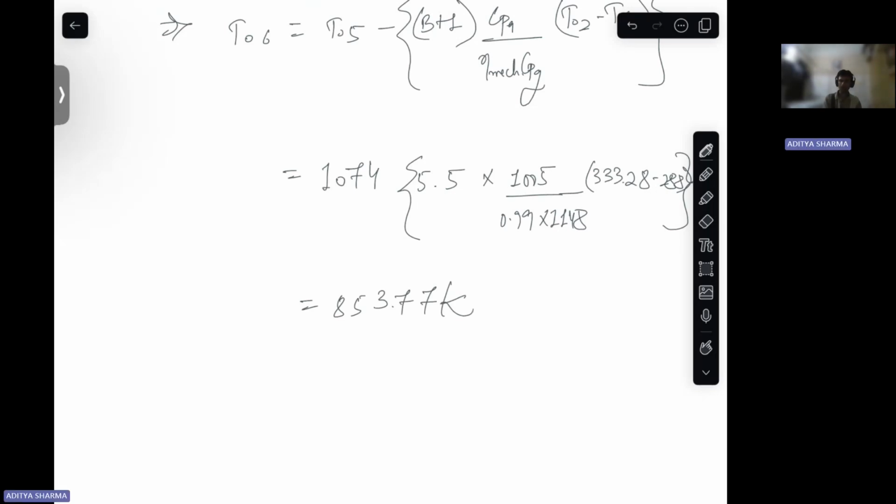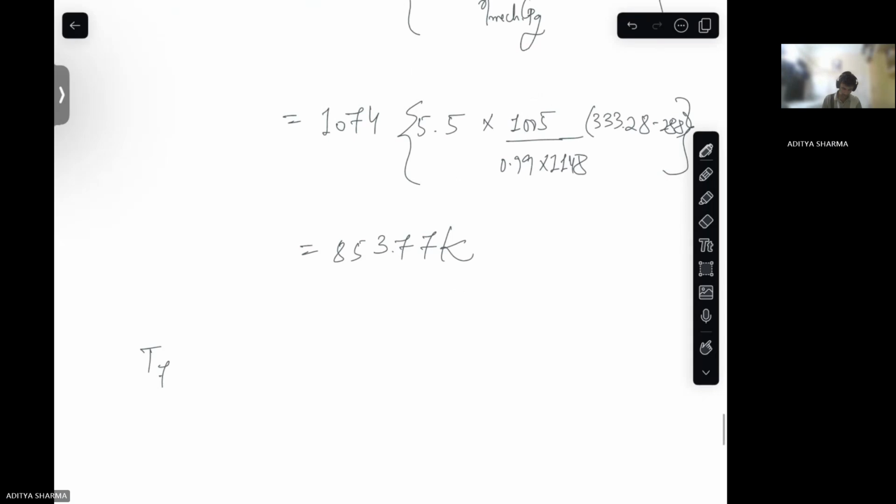T naught 6 we have calculated. Now we need to find out P7. P7 is from this formula.